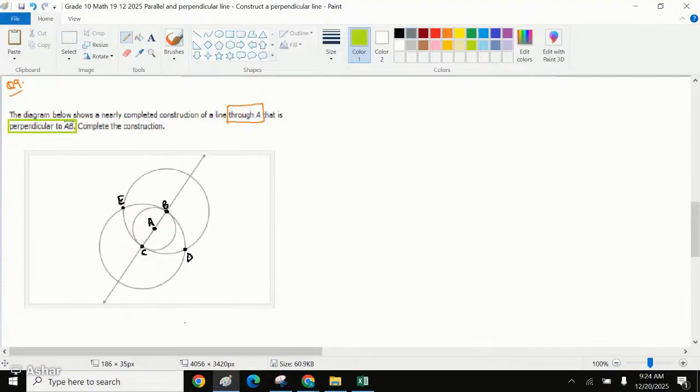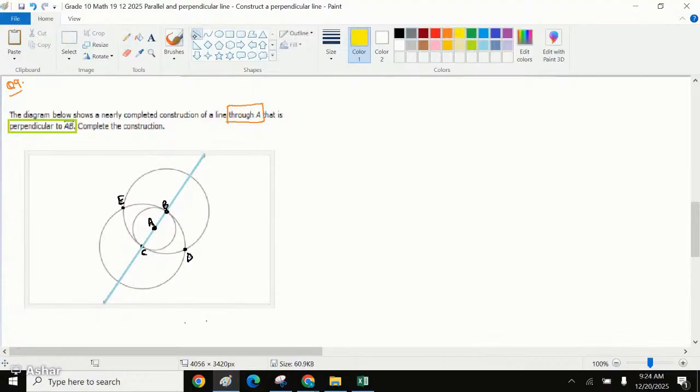Okay. So what we can say over here is we have the line AB, right? We found the line AB, which was passing through the points A and B. But we need to still find a perpendicular to this, right?